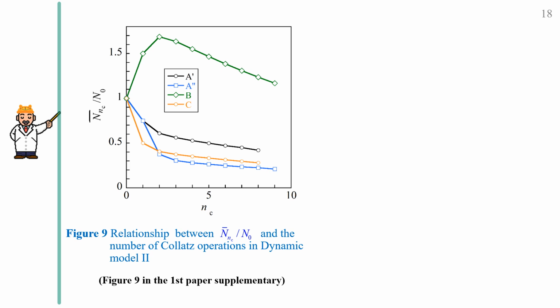In this model, the characteristics of the initial value are reflected. Therefore, for y equals 3x plus 1, the dimensionless calculation values decrease from the beginning when the initial value is a natural number of type A, A double prime, or C. In contrast, when the initial value is a natural number of type B, the dimensionless calculation value increases once and then decreases.